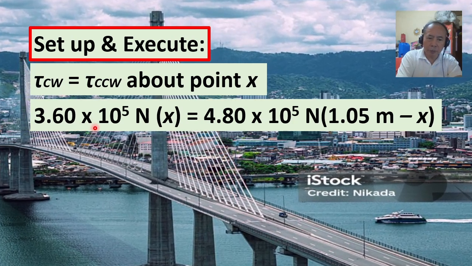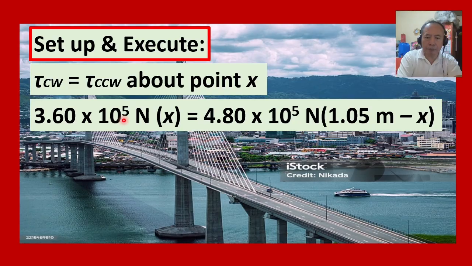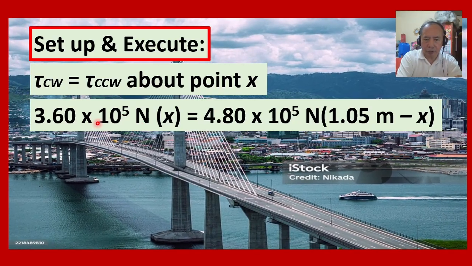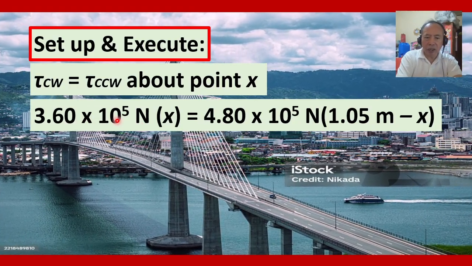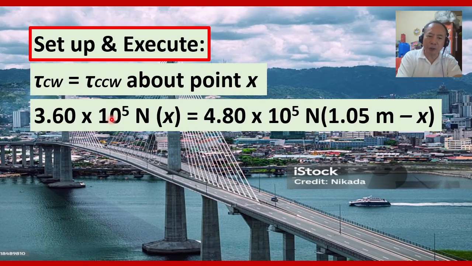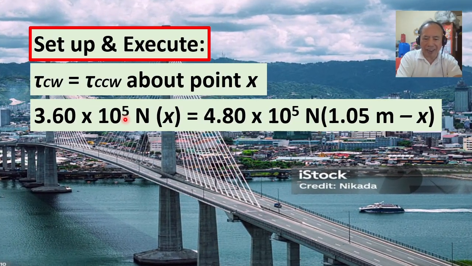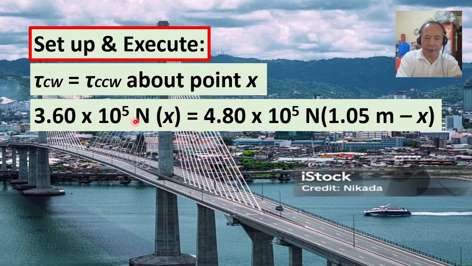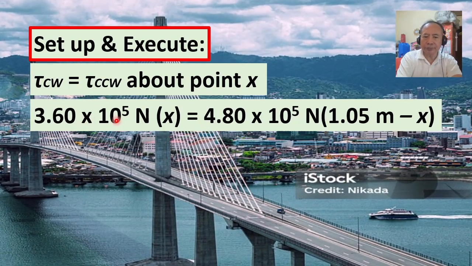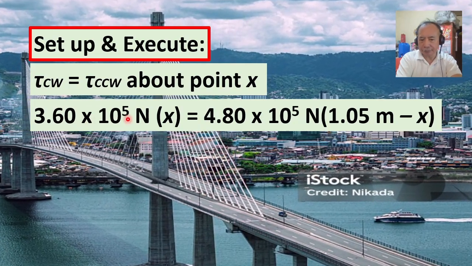So 3.60 times 10 to the fifth power Newton is the tension force T sub A, or the tension in wire A, already computed earlier.